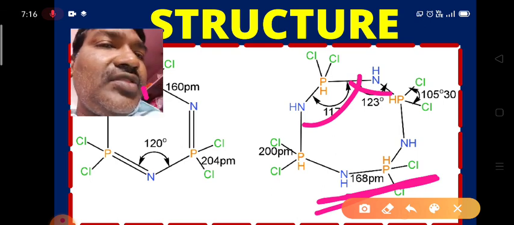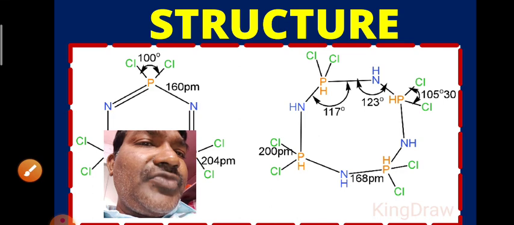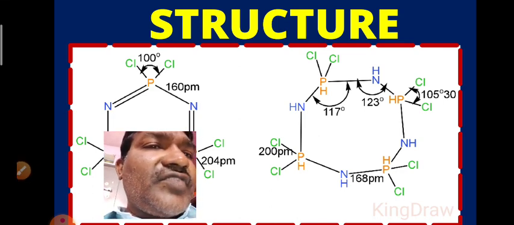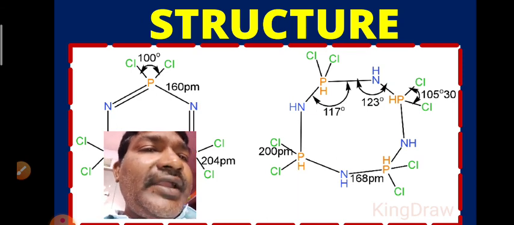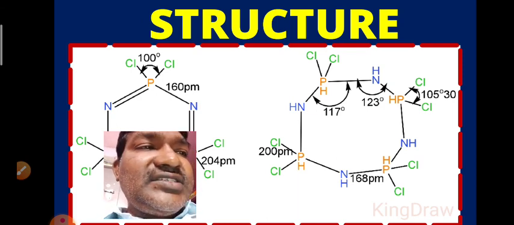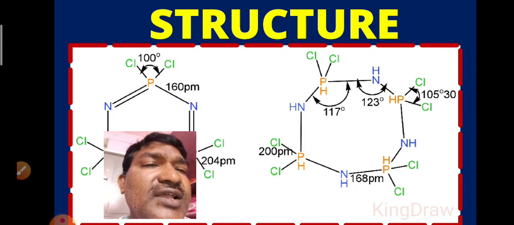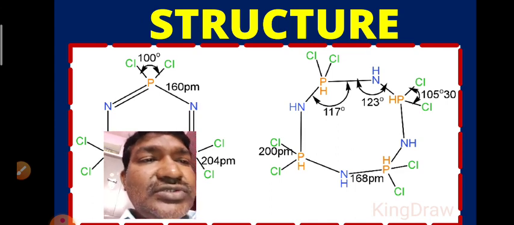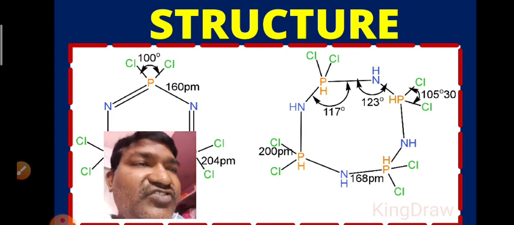The ClPCl bond angle is 105 degrees in the tetramer, and in the trimer it is only 100 degrees. The trimer has a small structure and the bond angle is less. So these are some points we have to remember.